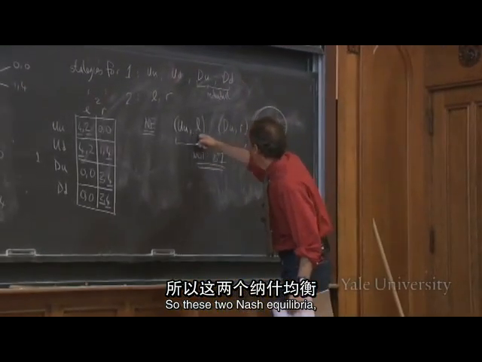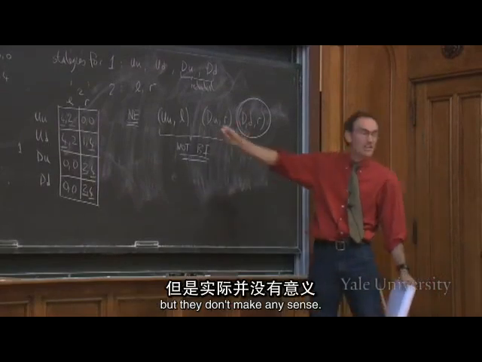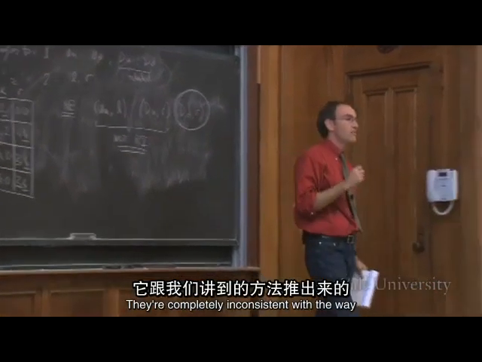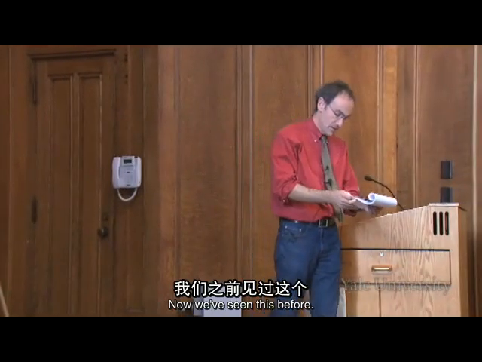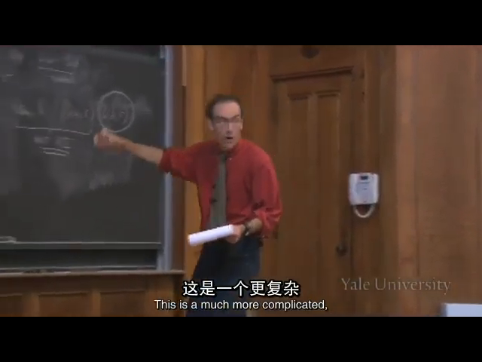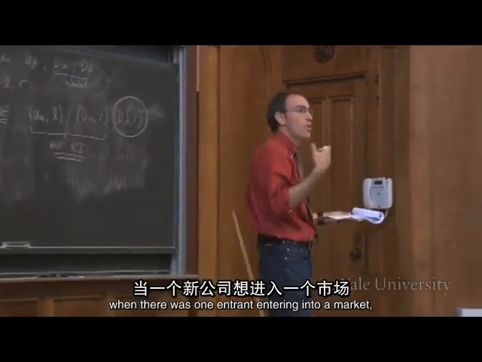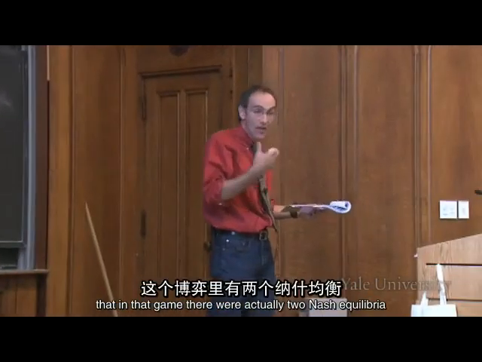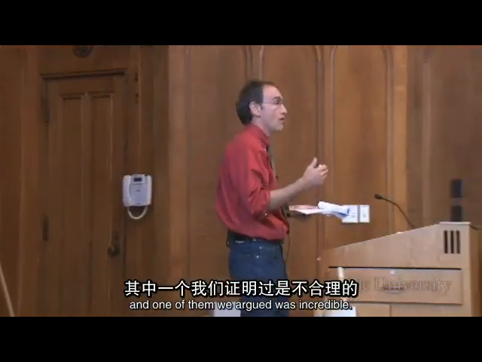So these two Nash equilibria are perfectly good Nash equilibria of the game, but they don't make any sense. They're completely inconsistent with the way we've learnt to talk about games. Now, we've seen this before. We saw it in the entry game. This is a much more complicated, much more interesting example, but in the entry game, when there was one entrant entering into a market, there were actually 2 Nash equilibria, and one of them, we argued, was incredible.